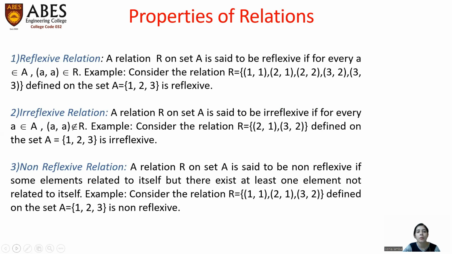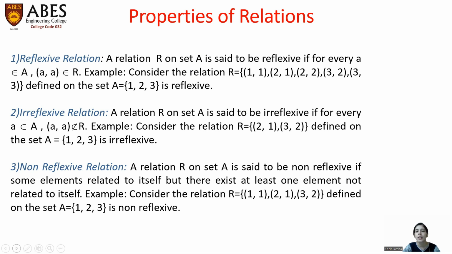We can take an example of this as well. Let's suppose we have the relation R, which has the ordered pairs (1,1), (2,1), (2,2), (3,2), (2,3), (3,3), defined on the set A having the three elements 1, 2, 3. Now we have to check whether this relation R is reflexive or not.